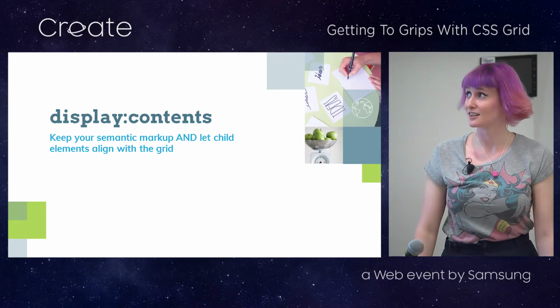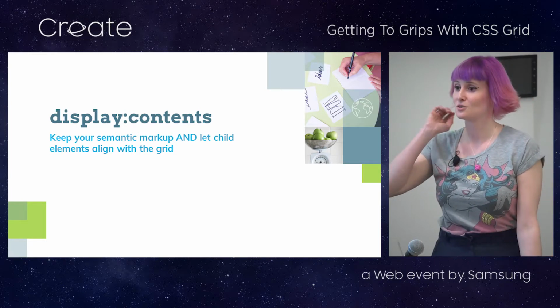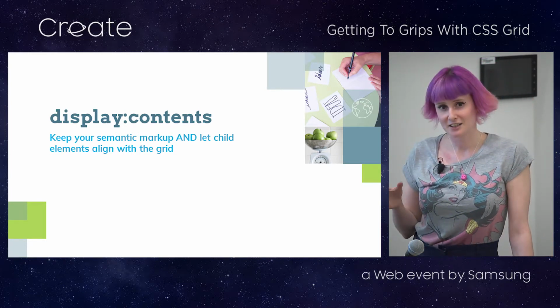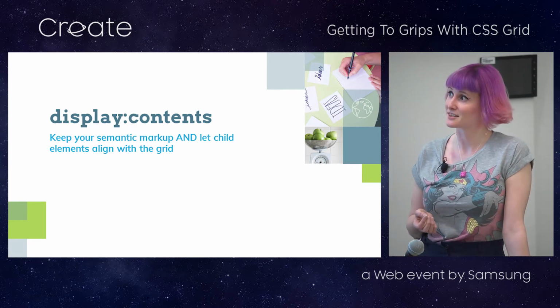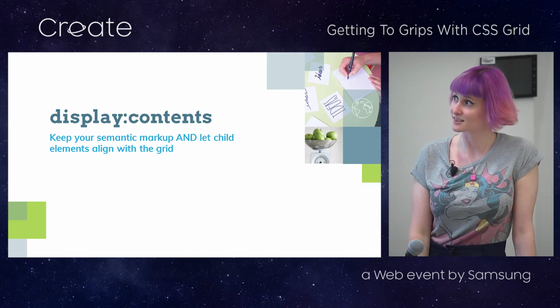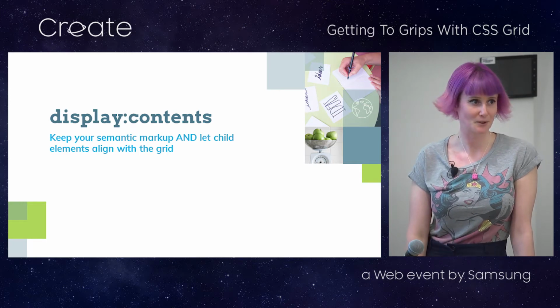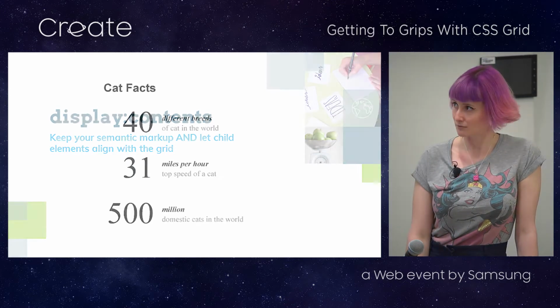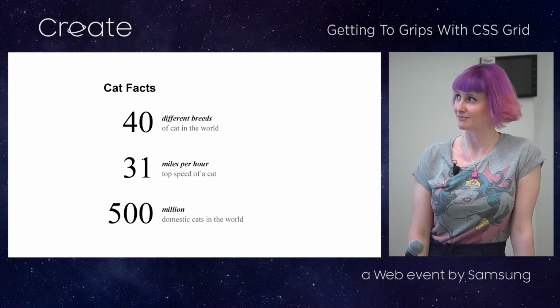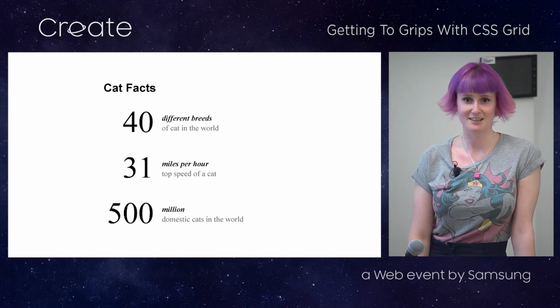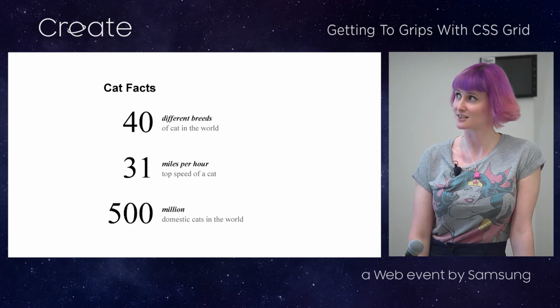You can use display contents to get a similar experience to what you might want from a subgrid. So when I say that, let's take a look at an example and see why this might be important. Your designer has now come to you with some beautiful cat facts, and they want you to add this module into your website.